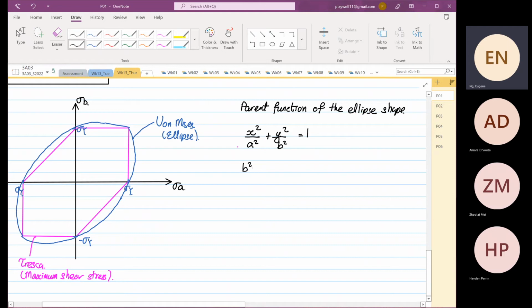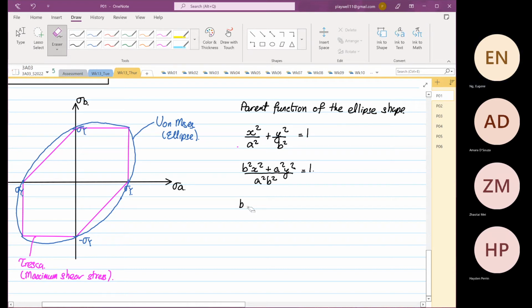So if you have b squared x squared plus a squared y squared, and over here you have a squared b squared, this will be equal to 1, right? Then you have b squared x squared plus a squared y squared, and this is equal to a squared b squared.